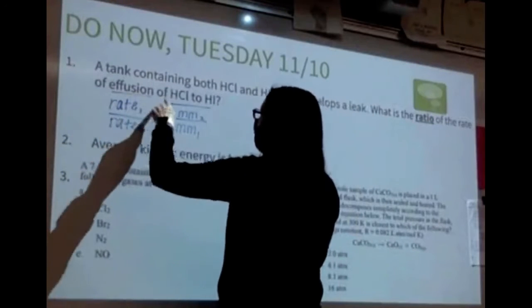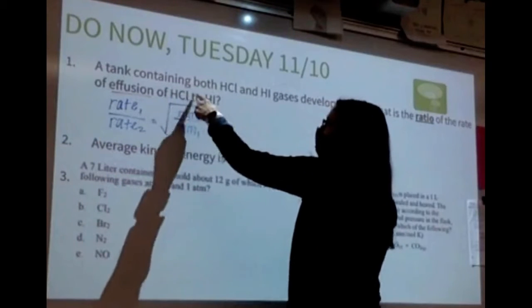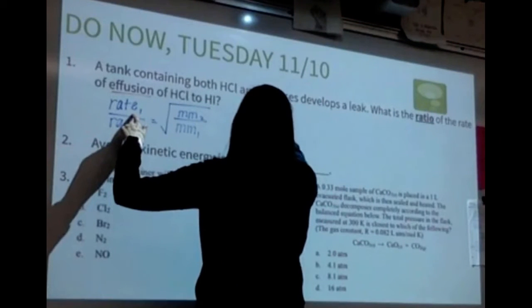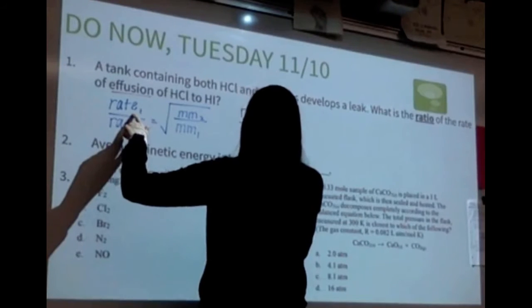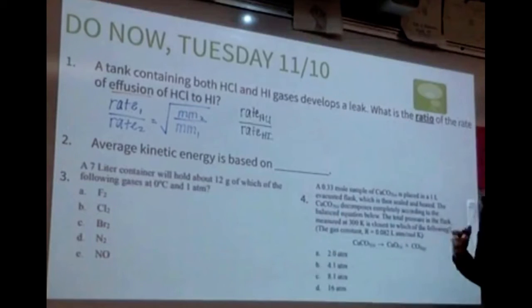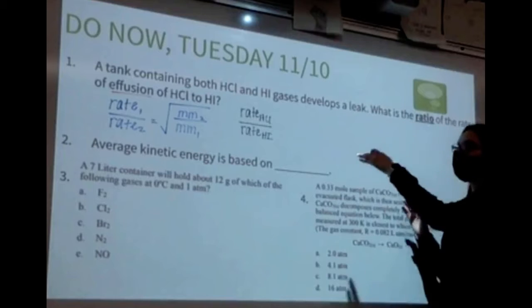So I want the rate of HCl to HI, which means I want rate of HCl over rate of HI.